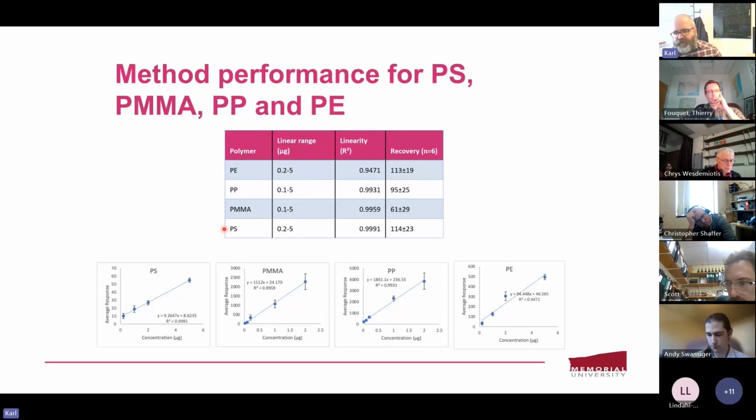And I don't know what the best way is. I suppose one could evaluate that by determining which results in the highest response. As far as the samples go, your polymer is embedded in the glass fiber filter.